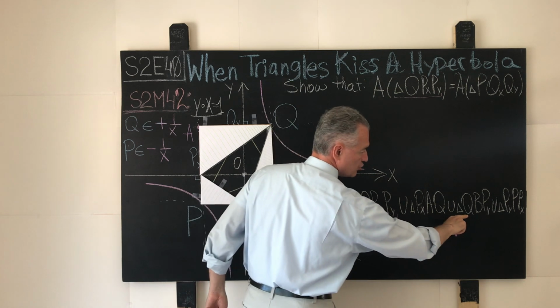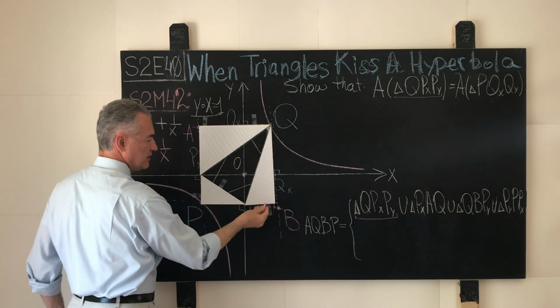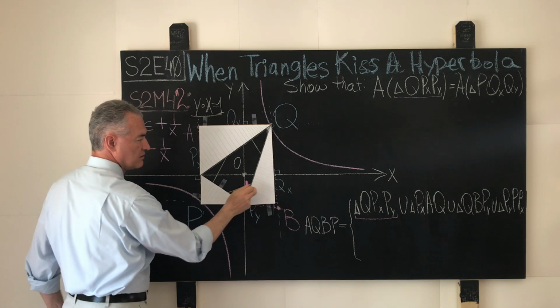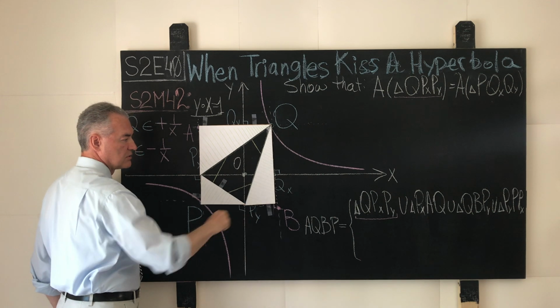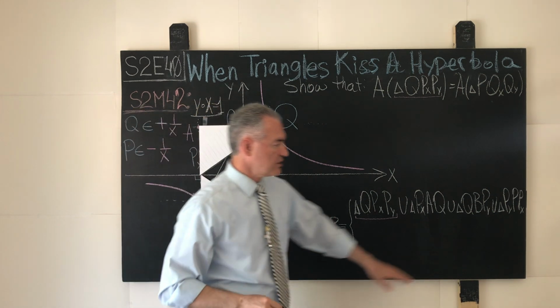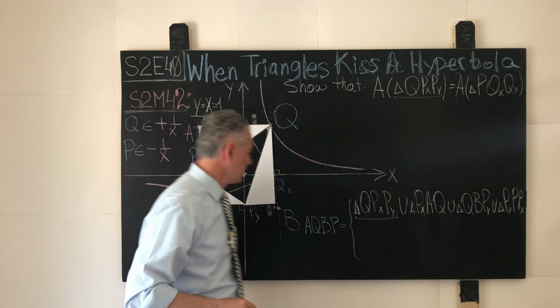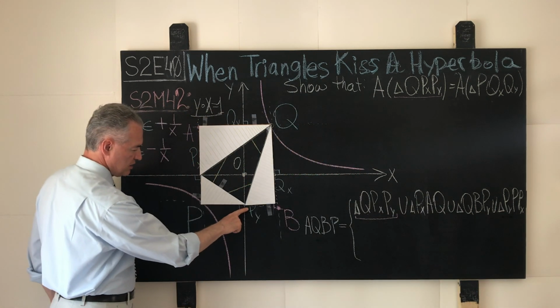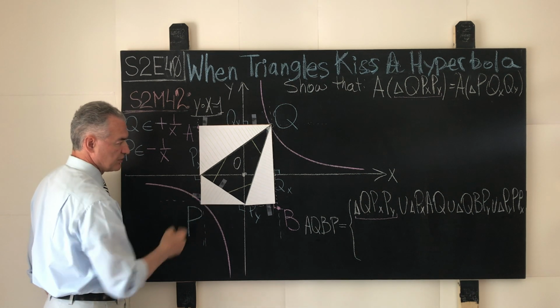Next is QBPY. It's this guy right here. This gentleman right here, QBPY. And the last right triangle is a show of P's, PY, PPX. This is this guy, PY, PPX. Again, this usual suspect over here.